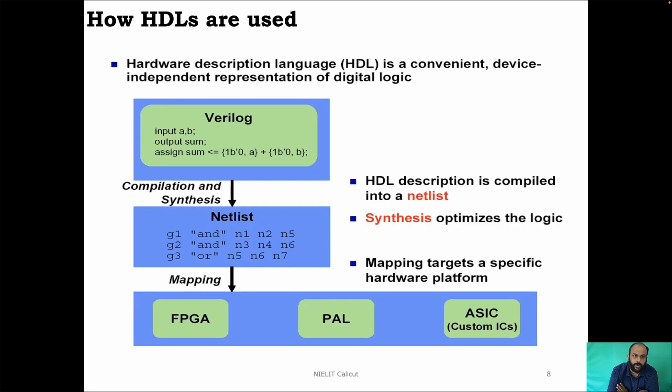Now, if you look at how HDLs are used, as we already touched upon, hardware description languages are not programming languages. The key difference is that Verilog HDL is a concurrent programming language.